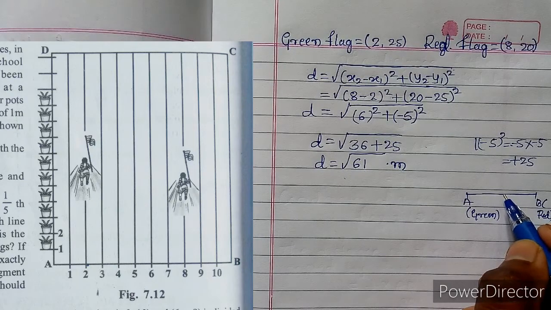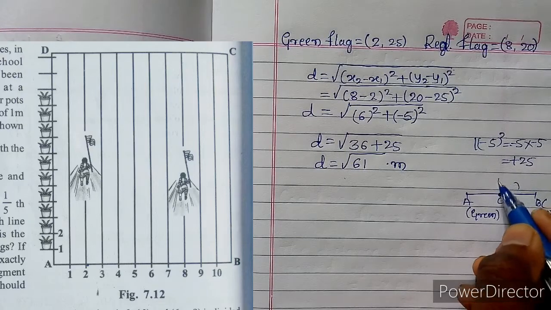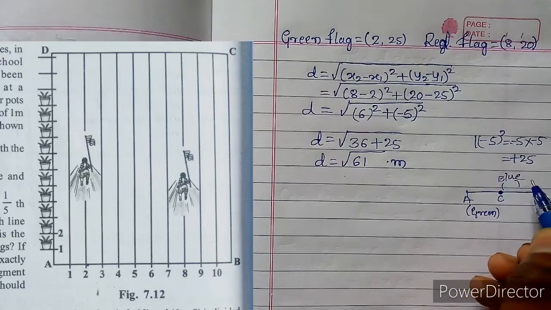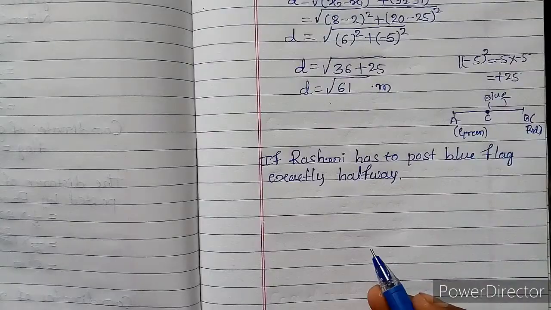If Rashmi has to post a blue flag exactly halfway, that means the midpoint of AB is C. If Rashmi is standing here, then find the coordinates of this blue flag.